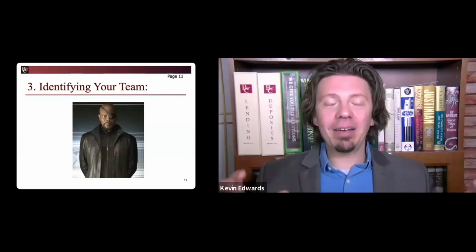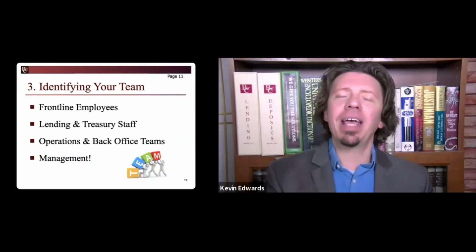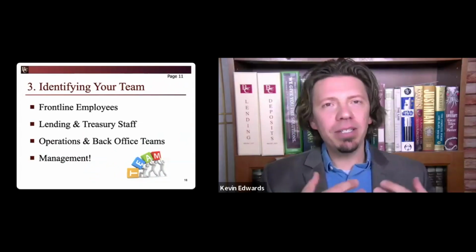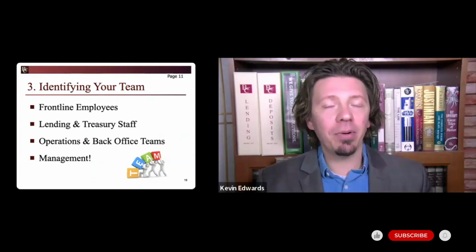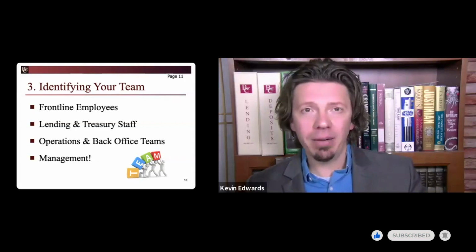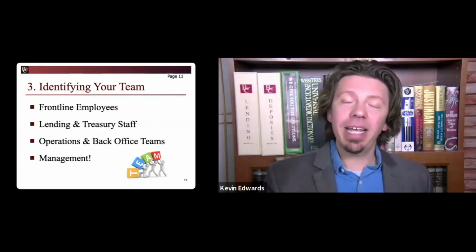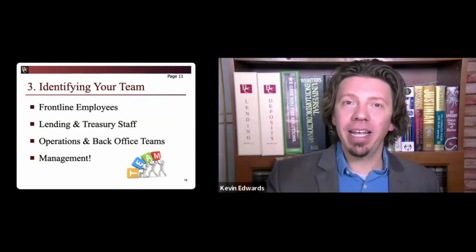Okay, and so that way you can flesh out your program, and it's not just what is the BSA department doing. So taking a look at your team, we're going to be looking at your frontline employees, right? So what is the type of information they'll be gathering? Now, it could be you've already got your tellers, your frontline employees, trained to take a look at a driver's license when they get it, and seeing if it's expired.